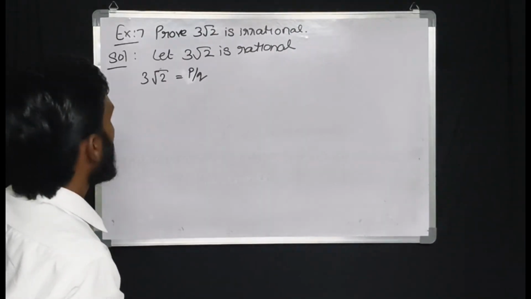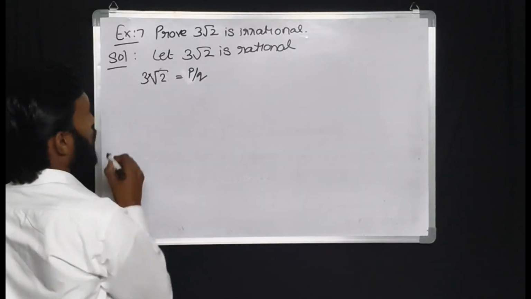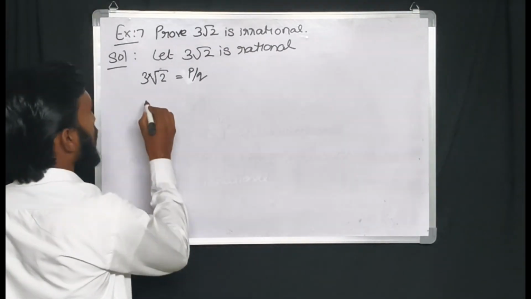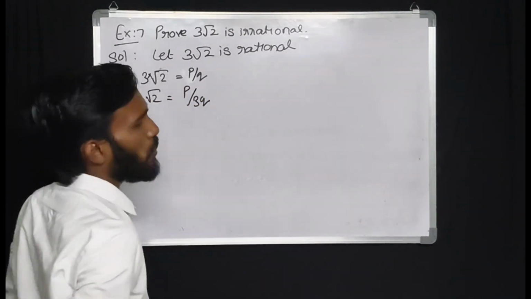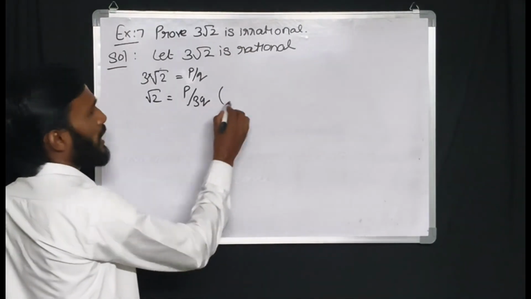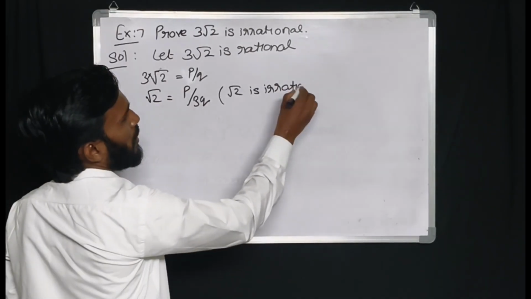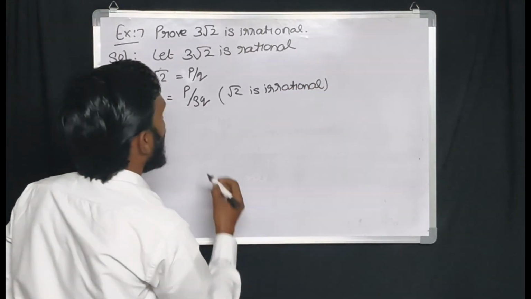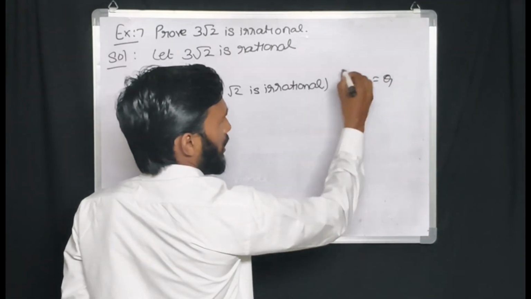Now rearrange this equation. Here it is in the form of multiplication. If it goes this side, it will go into division. p by 3q. As I said in the previous one, we know that root 2 is irrational, and this is in the form p by q, that means it is rational.